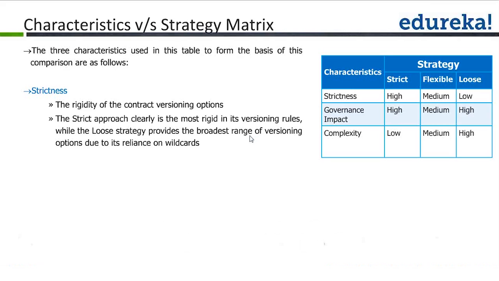We were supposed to introduce changes for one of the mobile operators that we were working with, and we had to change the services for roaming, so that a person in Romania can take the roaming services and go to some other country in Europe, and it was related to some time zone related changes. So that was a governance impact change, which was the loose strategy type of versioning for us, right?